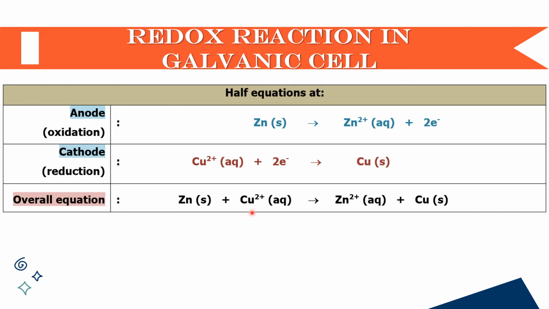We combine these two equations, the oxidation and reduction, by making sure that the number of electrons is the same. Once the number of electrons is the same, you can cancel the electrons, and then you will have your overall equation over here.